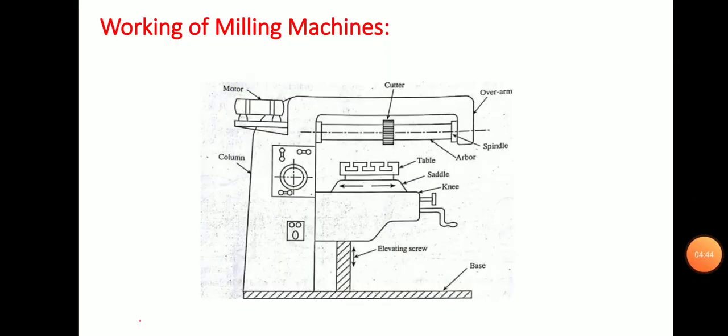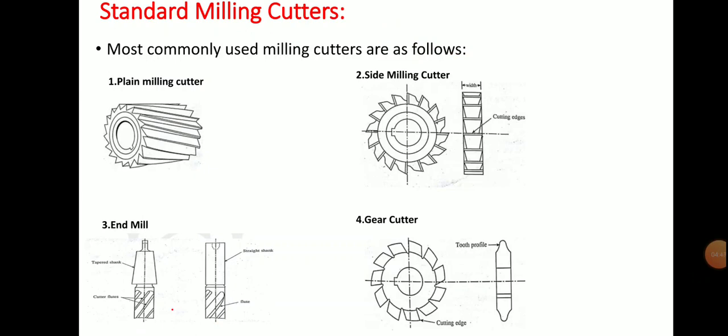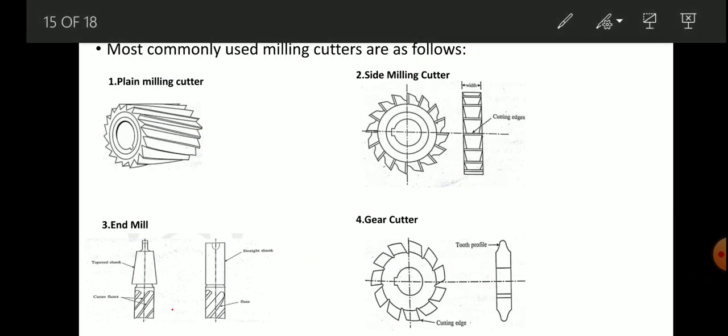Now let us see standard milling cutters. The most commonly used milling cutters are plain milling cutter, side milling cutter, end milling cutter and gear milling cutter. First one is plain milling cutter. On the periphery of the disc or cylindrical surface, the cutters have straight or helical teeth.